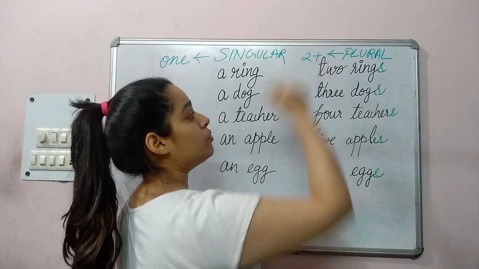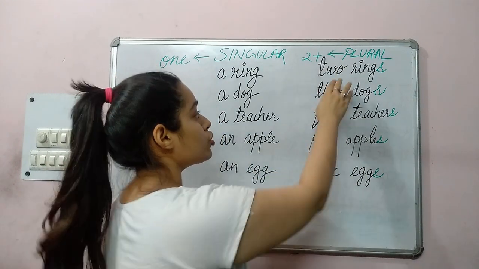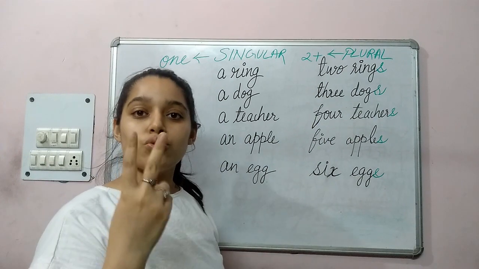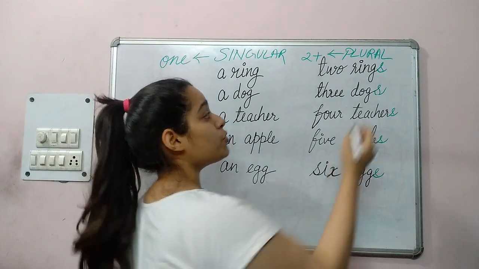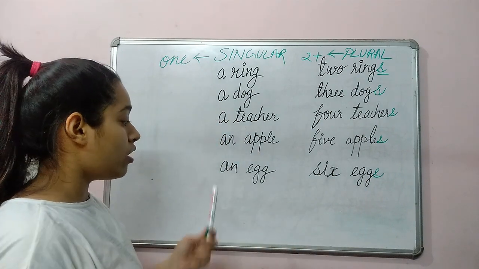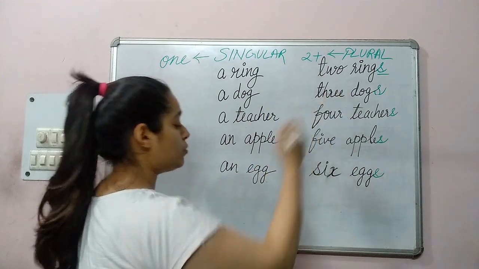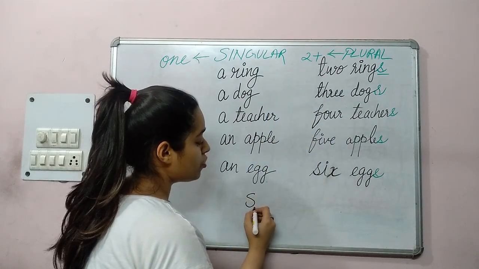Now, the plural. Plural talks about two or more than two. So, two rings. That is, two rings. Here we put S. So, we have a common rule. If we have to make a singular noun to plural, what we should do?